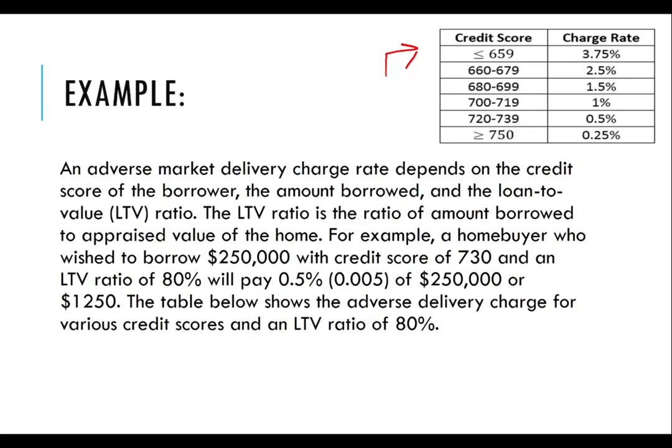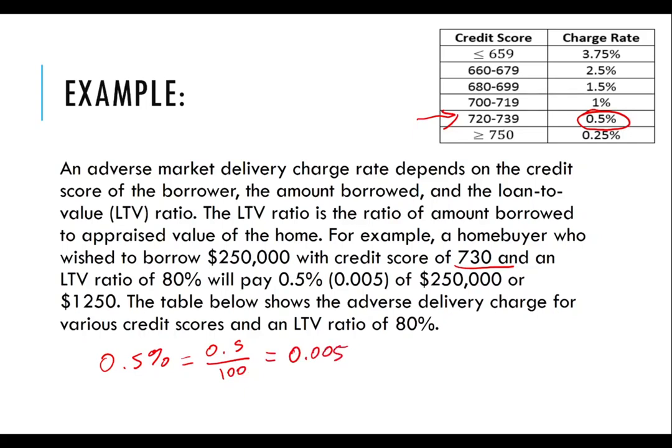And we can see that if the person has a credit score of 730, which falls into this category here, they're going to have a charge rate of 0.5%. Just a quick reminder, 0.5%, percent means per 100, so that's really 0.5 divided by 100, which is going to be 0.005.